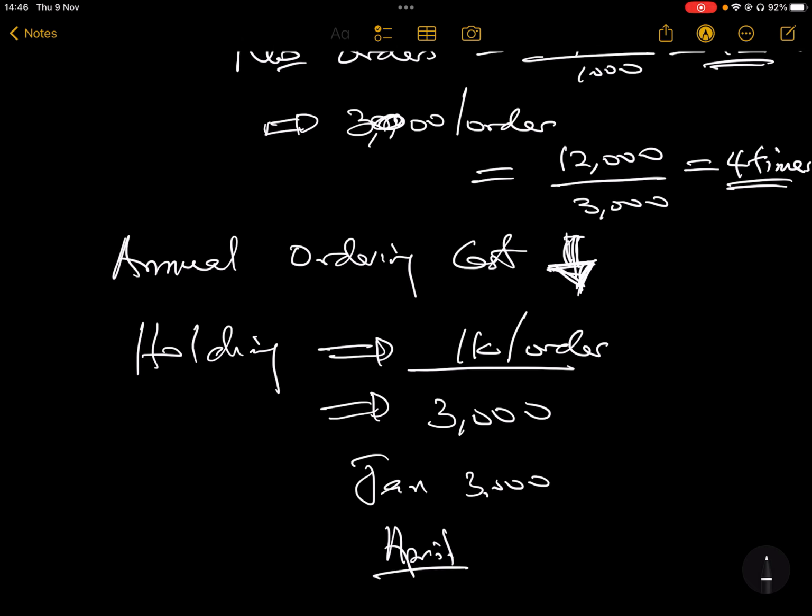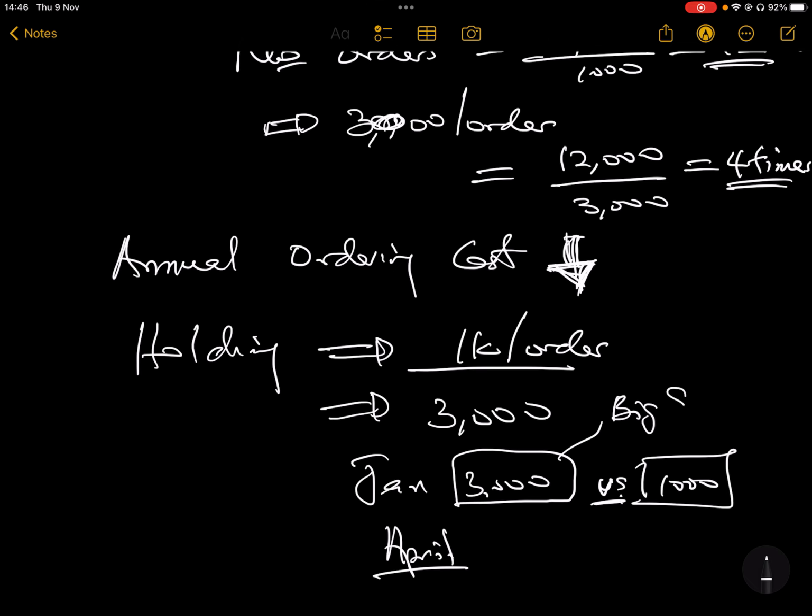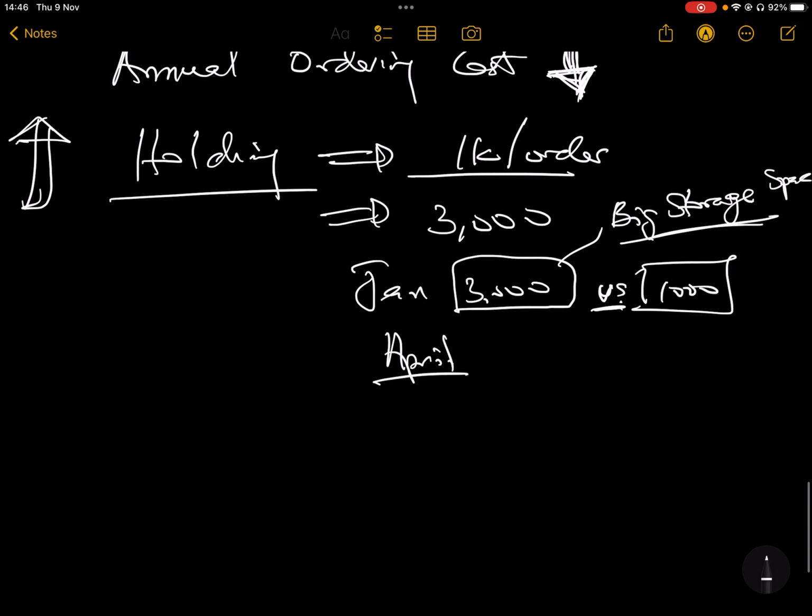So you're going to hold 3,000 in January, whereas before you would have been holding 1,000. If you have to hold 3,000 in January, you will need a bigger storage space. And that is why your holding cost will go up when you use the bulk purchase discount.